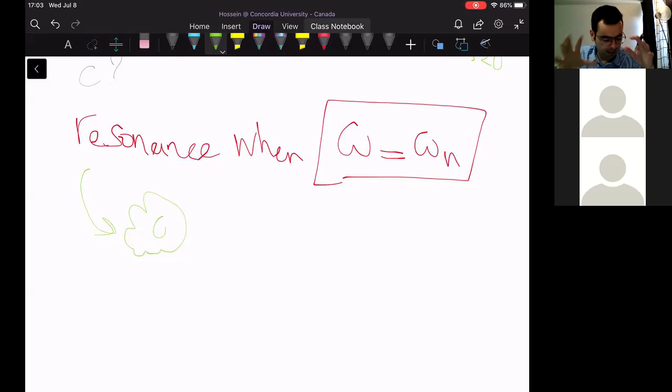So when you design a mechanical system, you always have to have damping. Otherwise, in case of resonance, you cannot control the amplitude of vibration.